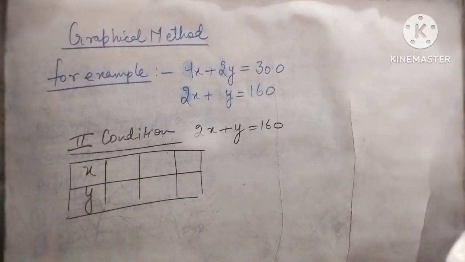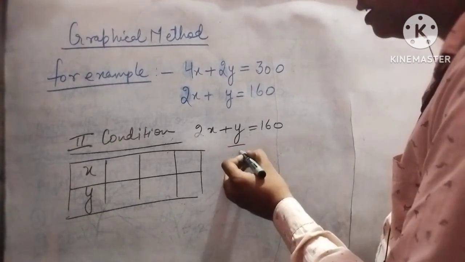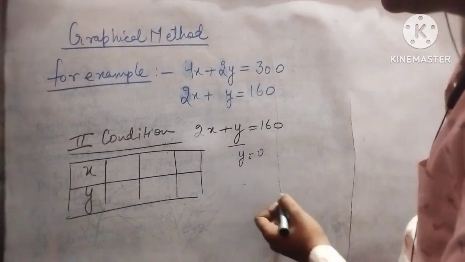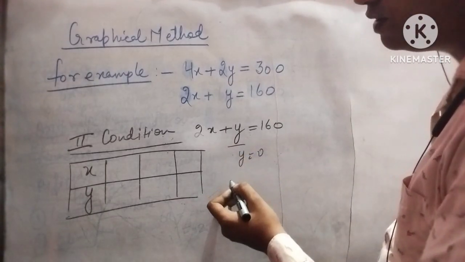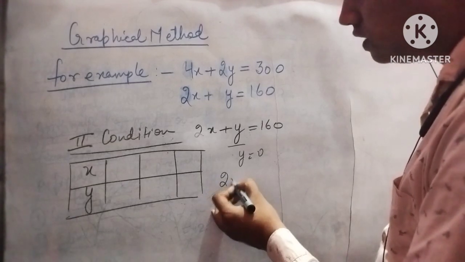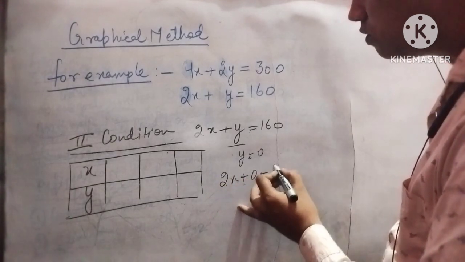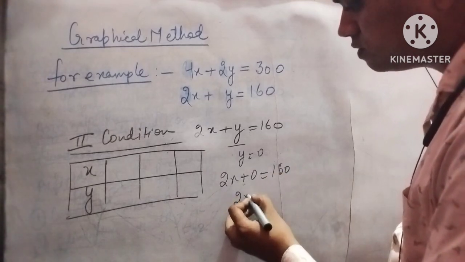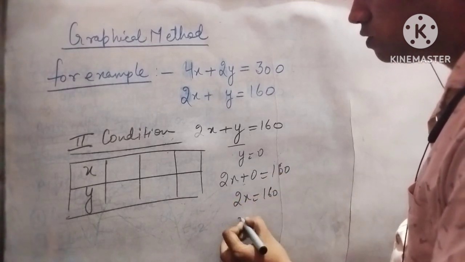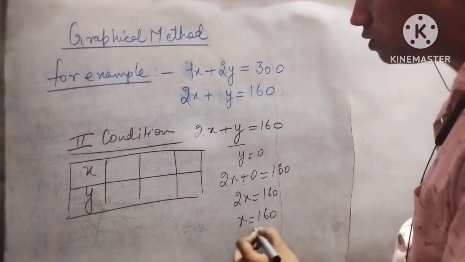Now similarly we are going to solve the second condition, that is 2x plus y equals to 160. So here, if we will take the value of y as 0, and we will get the value of x, so what will be the value of x? So for that we will find out the solution. So 2x plus 0 equals to 160, then 2x equals to 160, so x equals to 160 upon 2.